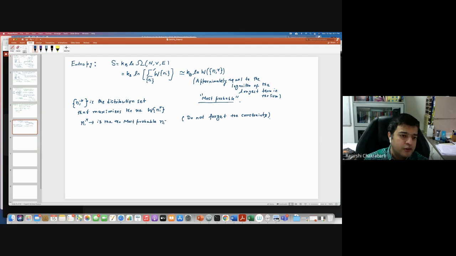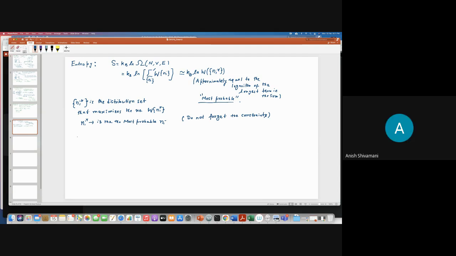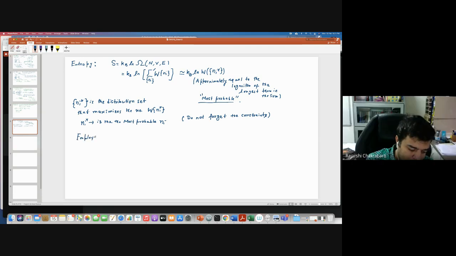What I'm going to do is employ the Lagrange method of multipliers, but with the constraint.